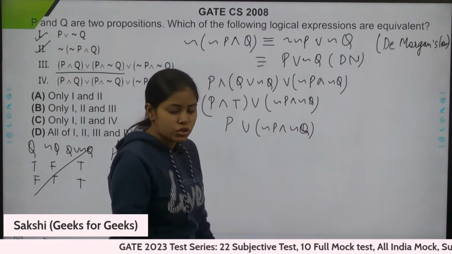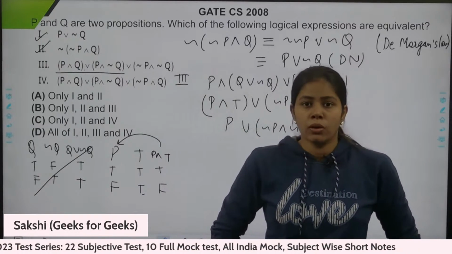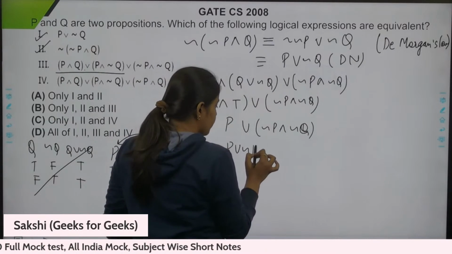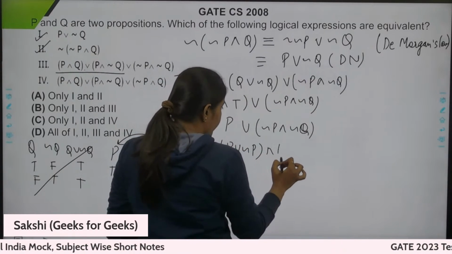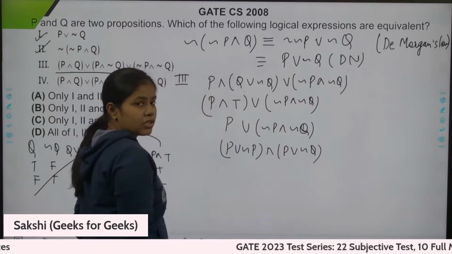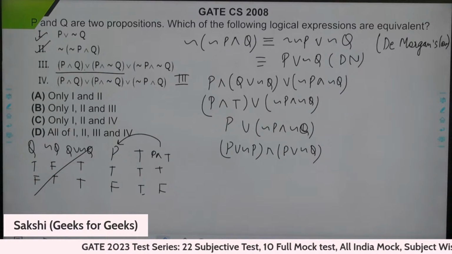Now, can I use the distributive law here? Right, I can use the distributive law. What would I do? I'll get P or negation P, and P or negation Q, right? P or negation P will be true, as we have seen that Q or negation Q will always be true.